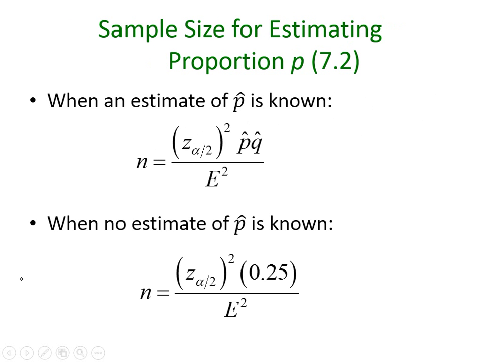Also, notice again, nothing in here had anything to do with population size. So whether I'm interviewing the college campus, the entire town of Trenton, the entire state of Missouri, the entire population of the United States, it doesn't make a difference on how big the sample size is.